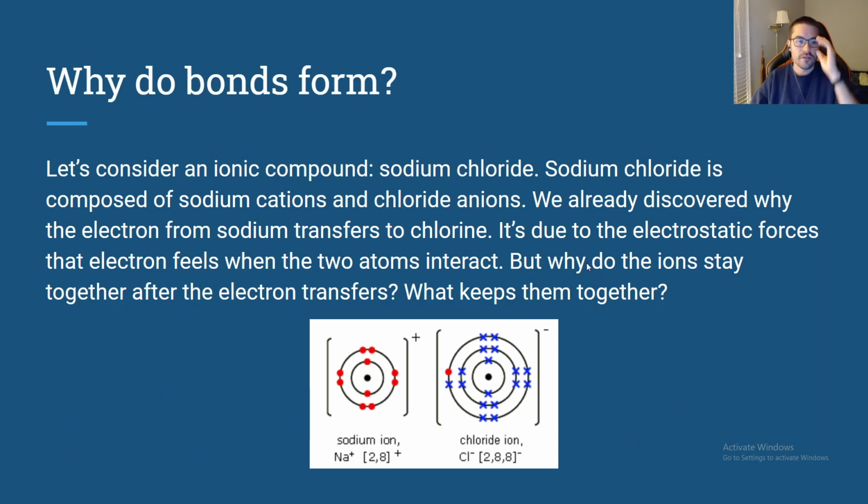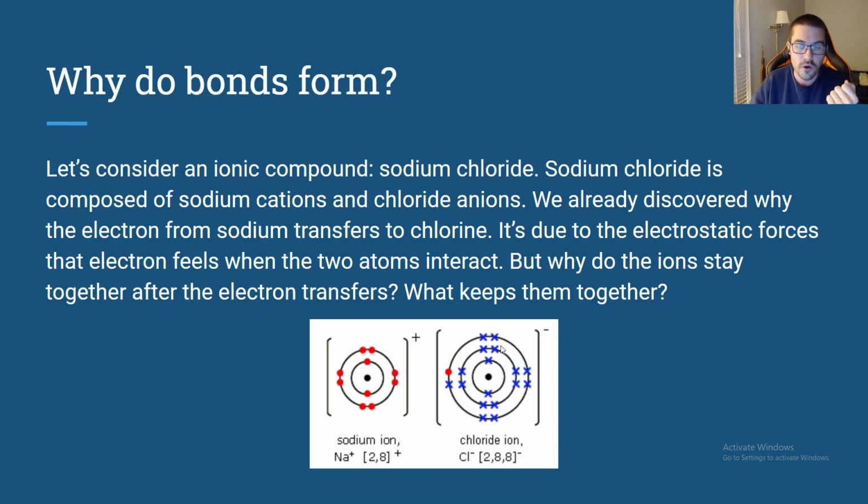Okay, so let's talk about that first question. Why do bonds form? We actually looked at this situation in the last video: sodium and chlorine. Sodium chloride is composed of sodium cations, or positively charged ions, and chloride anions, or negatively charged ions. We already discovered why the electron from sodium moves over to chlorine.